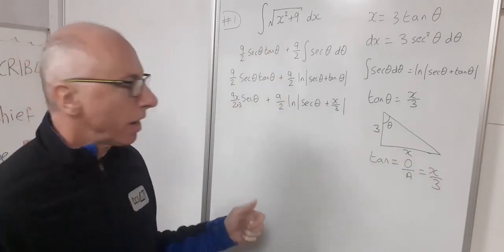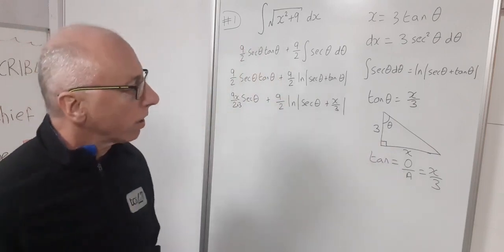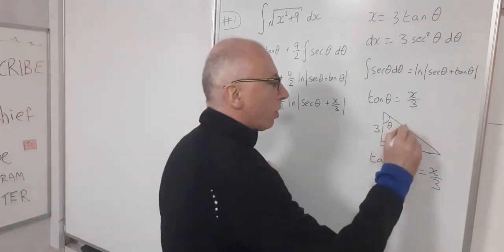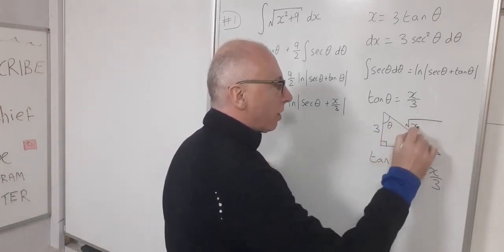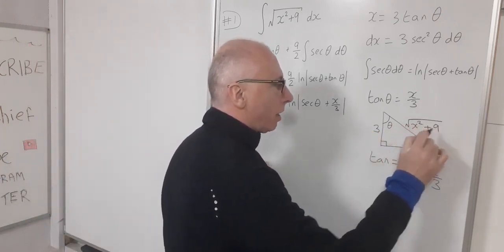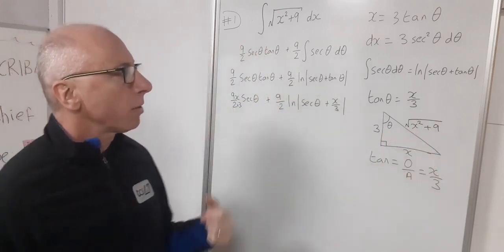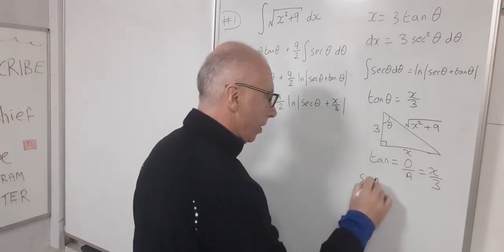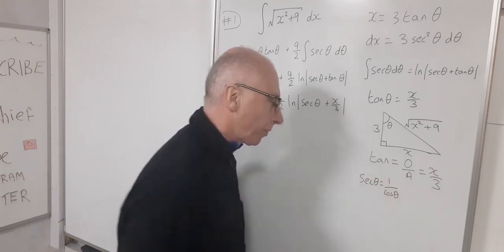Then by Pythagoras, just making sure we know that's a right angled triangle because we're into trig, this hypotenuse will be the square root of these two sides squared. So then I've got the square root of x squared plus 9. Okay, now secant theta is the same as 1 over cosine theta.